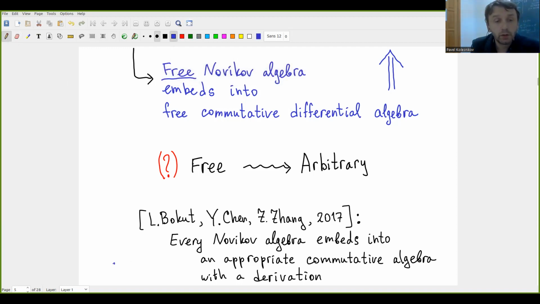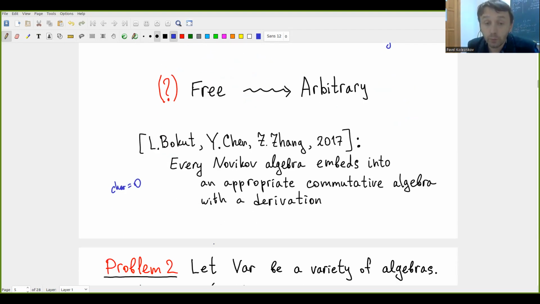They proved it in characteristic 0, but the methods actually work in arbitrary characteristic and even over a commutative ring. So every Novikov algebra can be actually embedded into an appropriate commutative algebra with an appropriate derivation.